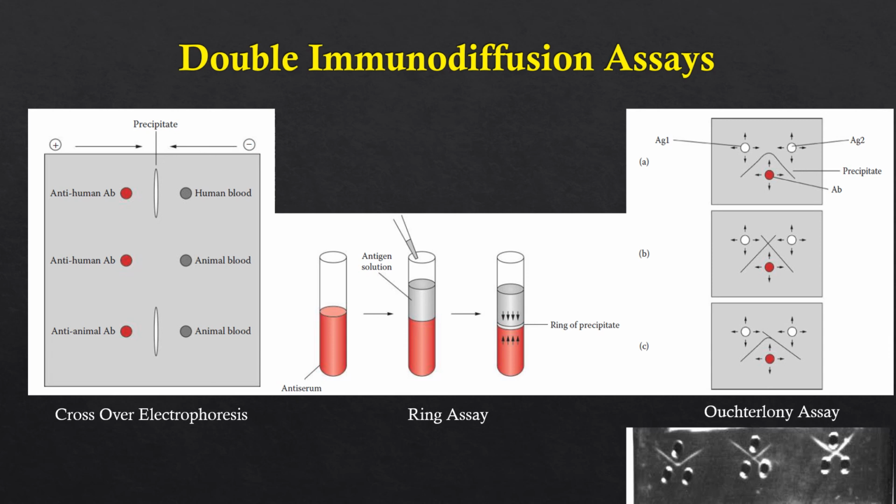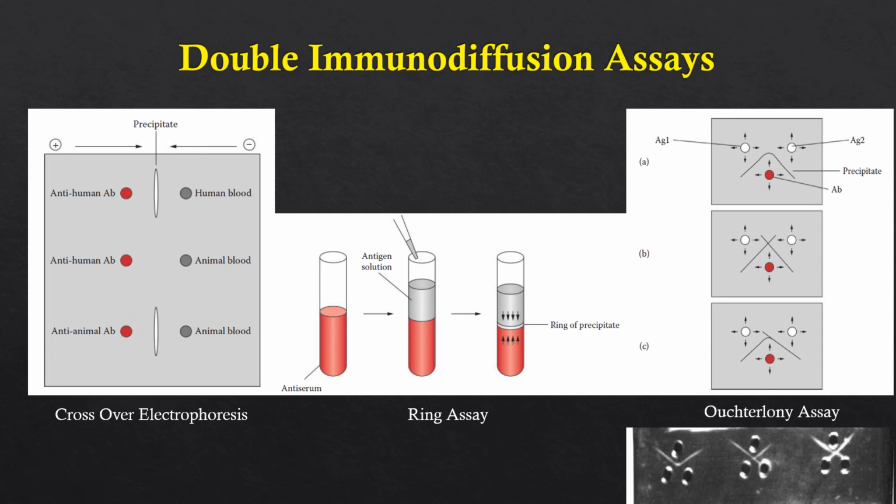The last one is crossover electrophoresis, where we are going to place different types of antibodies and antigens. The right side is where the antigens are placed, and the left side is where the antibodies are placed. Red dots have positive charge, and black dots have negative charge. By applying this charge, very instantly the reaction may occur.